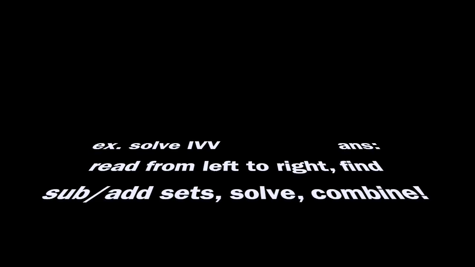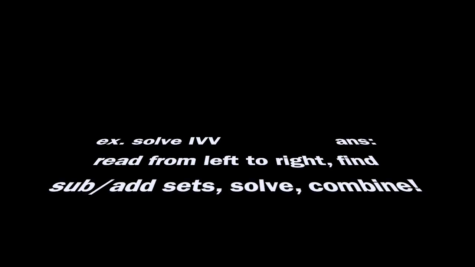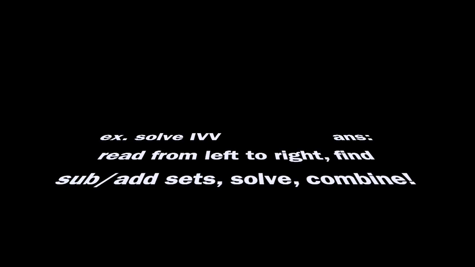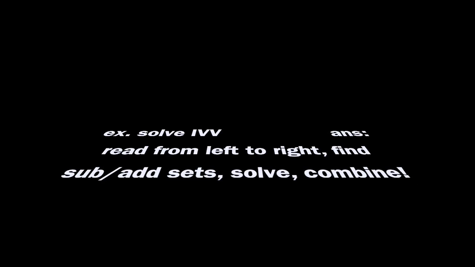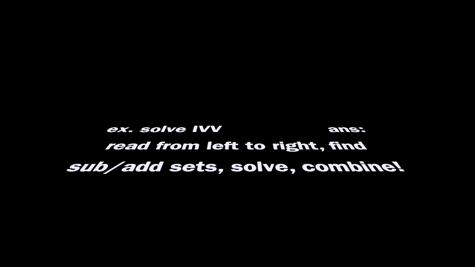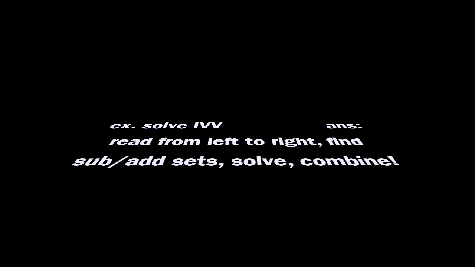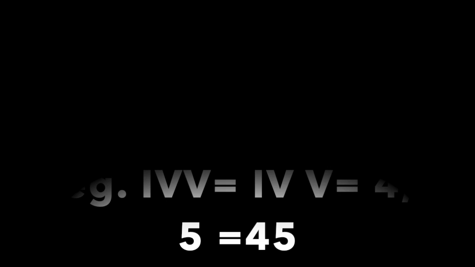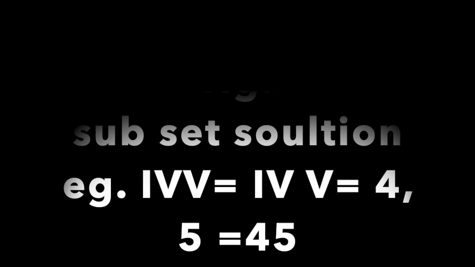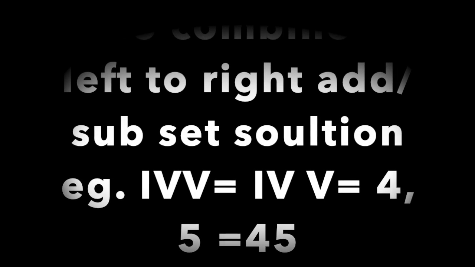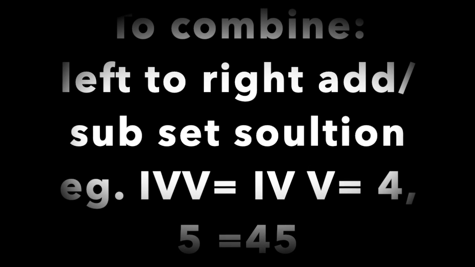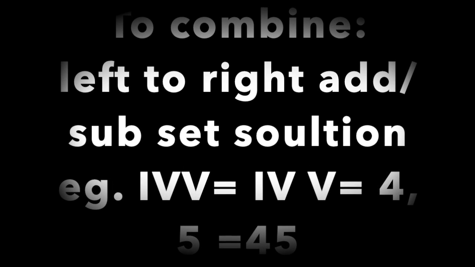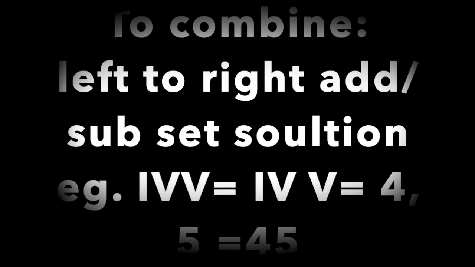If you see a numeral that is equal to the numeral behind it, you are going to add those two. If you see a smaller numeral in front of the numeral behind it, you are going to subtract those. And you might have to do both addition and subtraction in the same written out Roman numerals for a number.